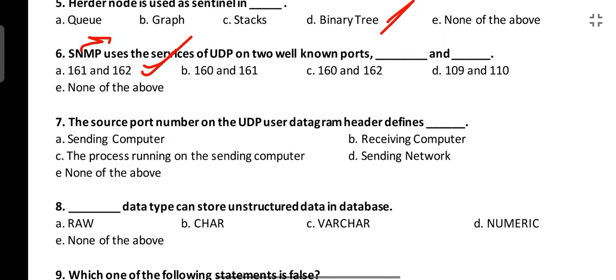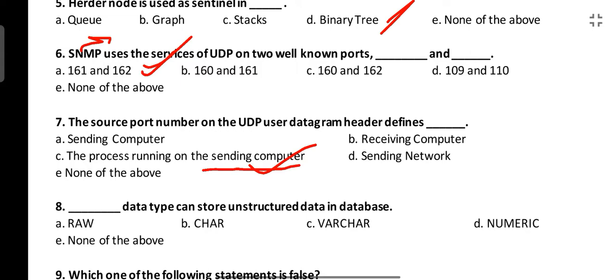Next is, the source port number in the UDP user datagram header defines... So the source port number will say which process is sending. So the correct answer is the process running on the sending computer.